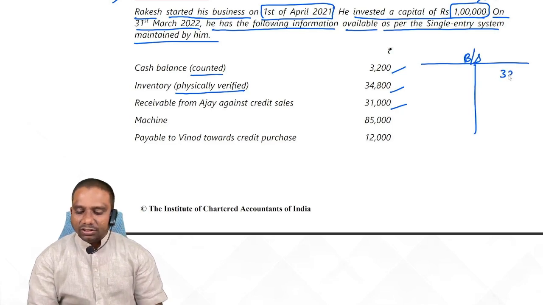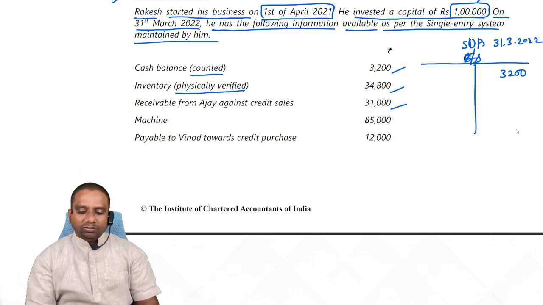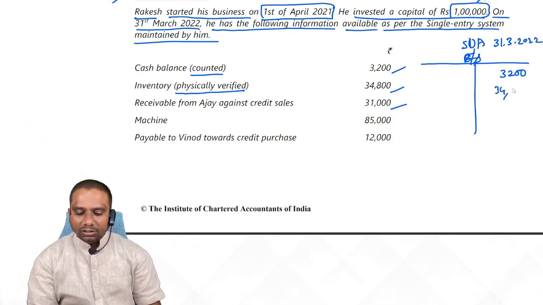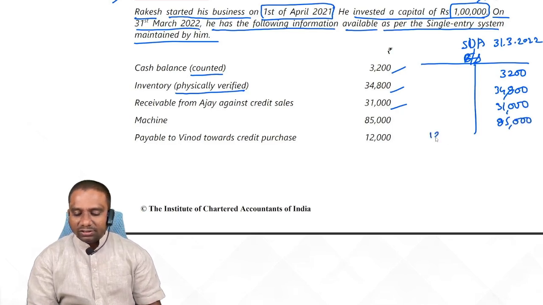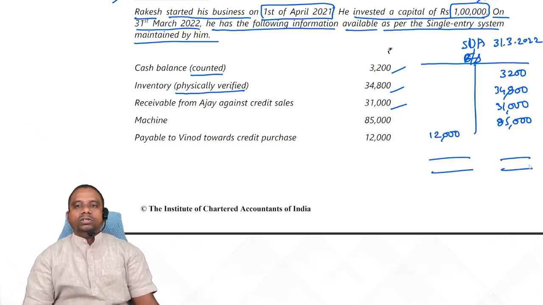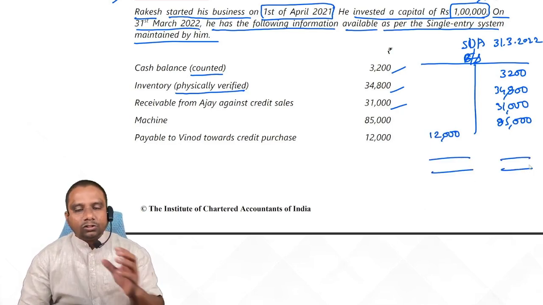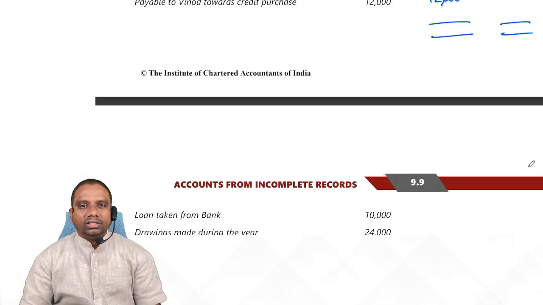The cash 3,200 is an asset, not balance sheet, statement of affairs as on 31st March 2022. Inventory is an asset, 34,800, receivable 31,000, machine 85,000, payable to Vinod towards credit purchase 12,000, means liability. The difference is nothing but your closing capital. This closing capital is compared with the opening capital. Yes or no, students? Okay.